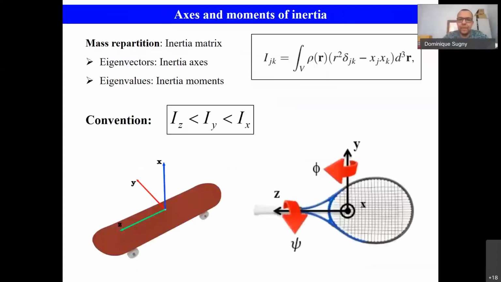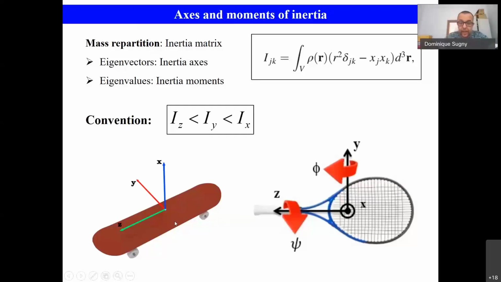The next step is to discuss the mass repartition of a rigid body. In general, we introduce the inertia matrix. It's a symmetric 3x3 matrix. We can compute the eigenvectors and eigenvalues of this matrix. The eigenvectors lead to the inertia axes. Here I give you two examples, for a skateboard and for a tennis racket.